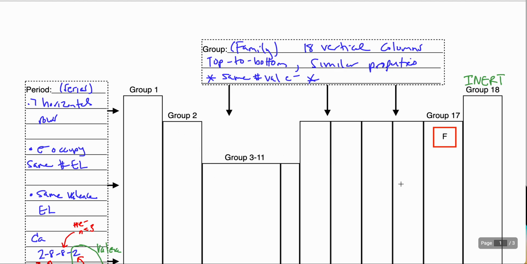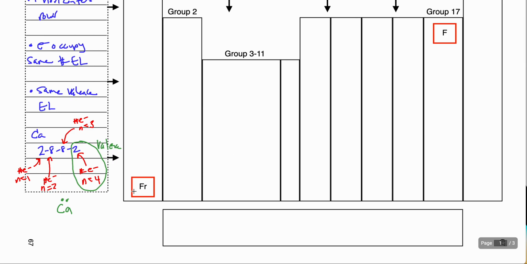Elements in groups 1 through 17 are definitely chemically active. They share or transfer electrons so they can look like a group 18 element. Fluorine being most to the right and francium bottom most left represents the idea of opposites on the periodic table.